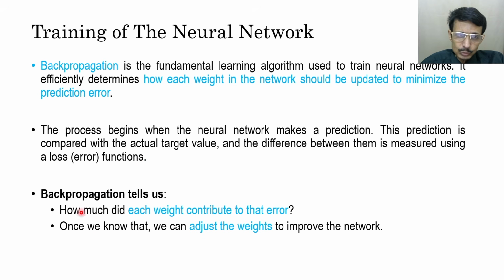Now, what backpropagation actually tells us is how much each weight contributed to that error. What we understand here is that there may be some difference between the predicted output and the target or intended output.